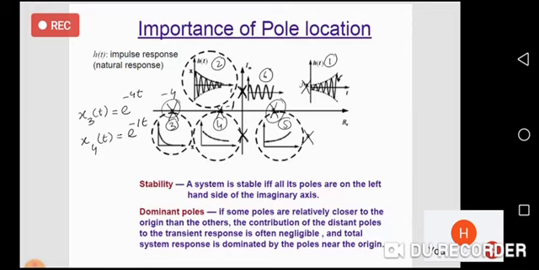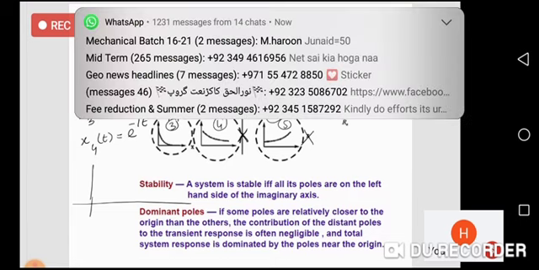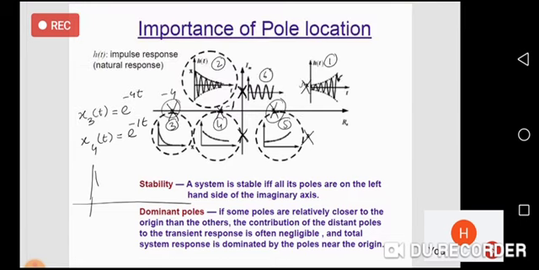If I plot these two responses, the first response, x3 response, will decay very quickly. Why? Because the power of the exponential function is larger compared to the power of the x4 of t exponential function, and the x4 of t will take more time to decay to reach 0. ठीक है?